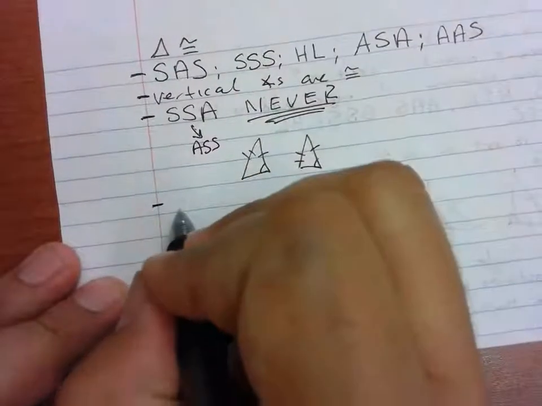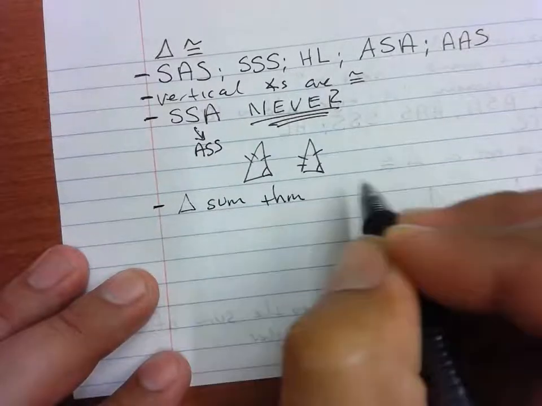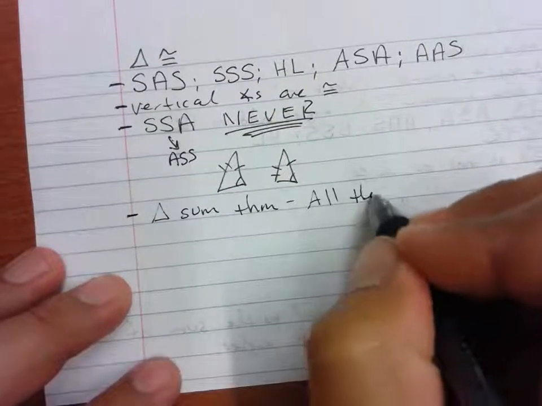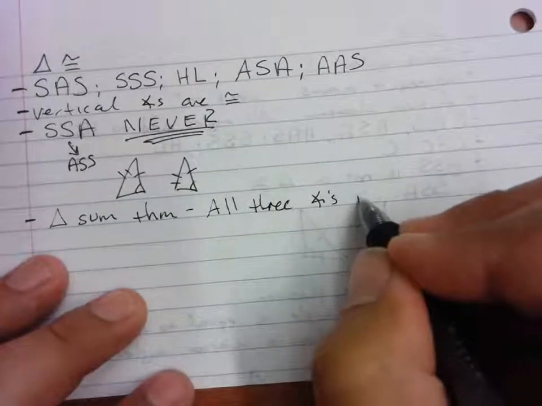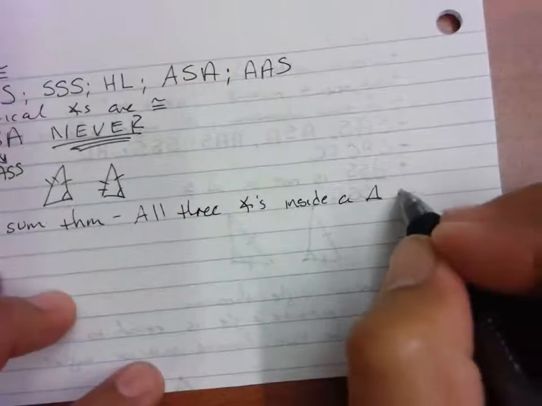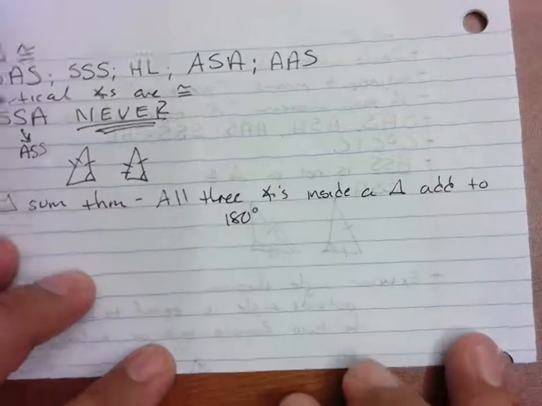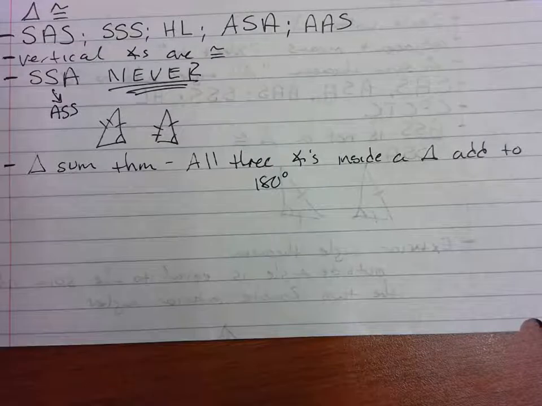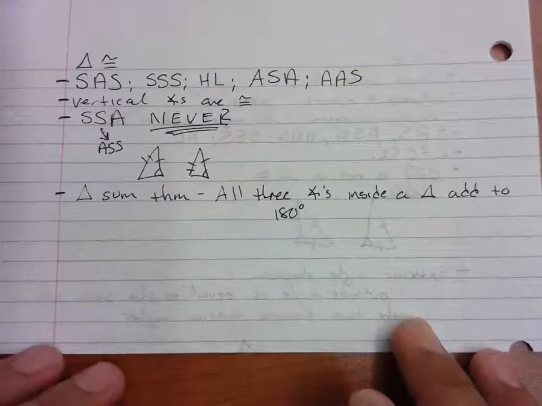You have the Triangle Sum Theorem, which says all 3 angles inside the triangle add to 180 degrees. Triangle Sum Theorem. All 3 angles add to 180 degrees.